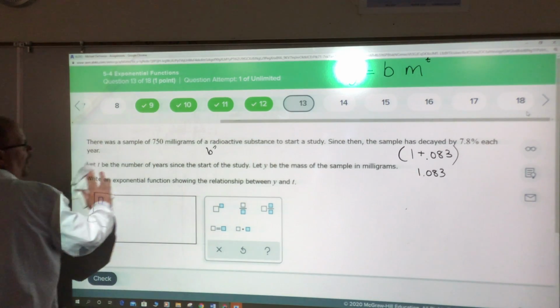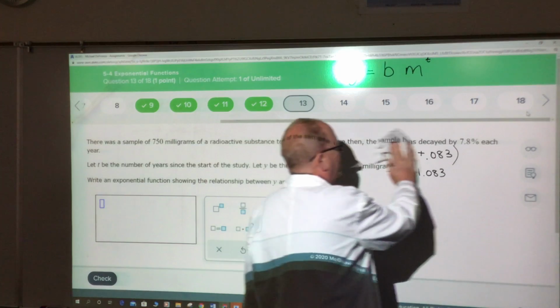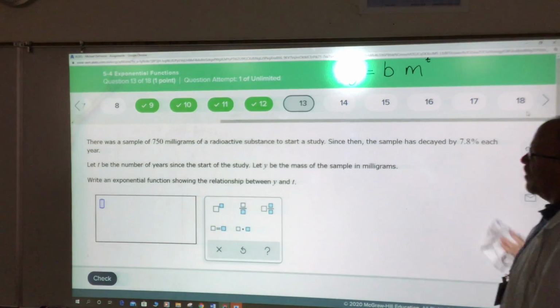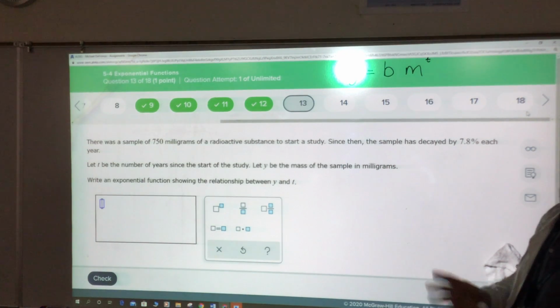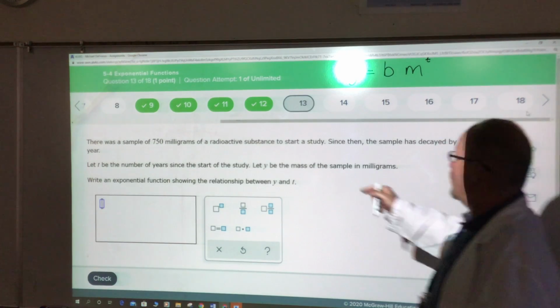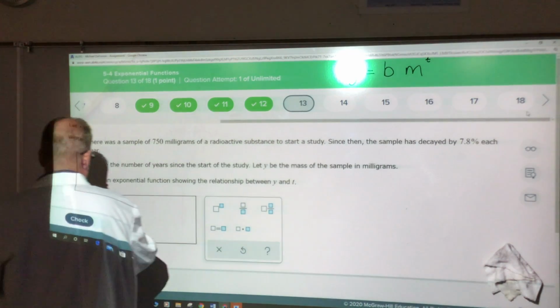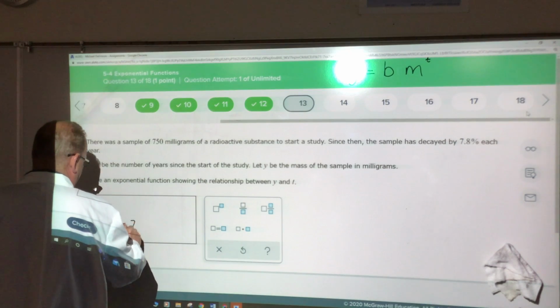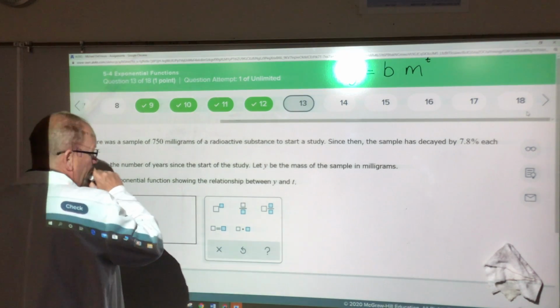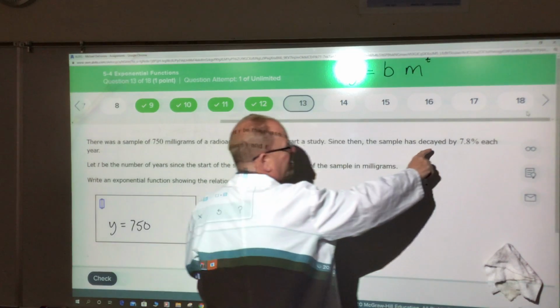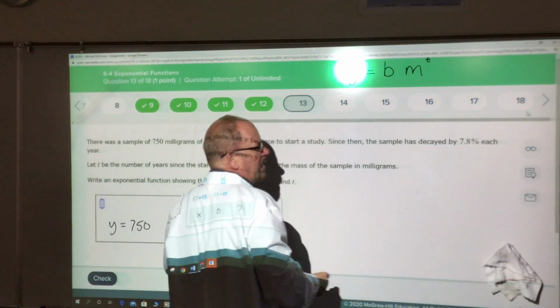There was a sample of 750 milligrams of a radioactive substance to start a study. So b is 750. Y equals b, 750. Since then the sample has decayed by 7.8%.